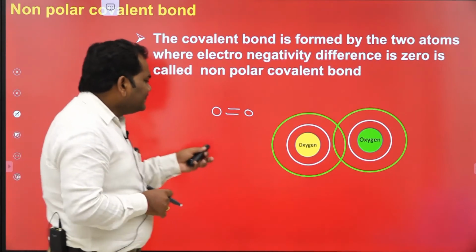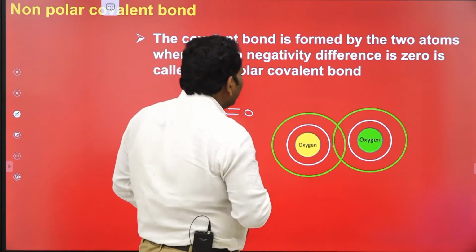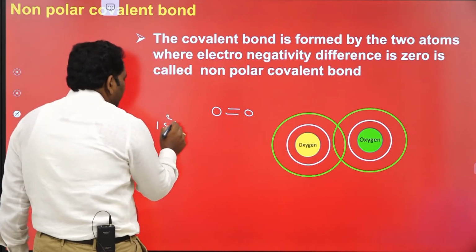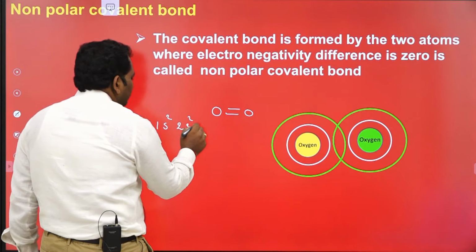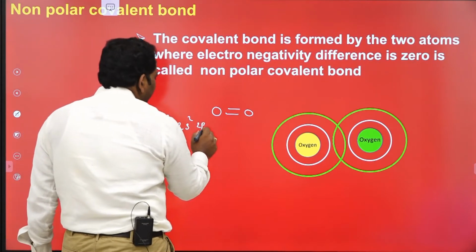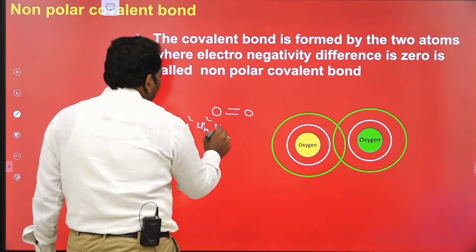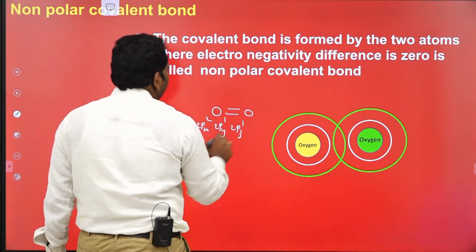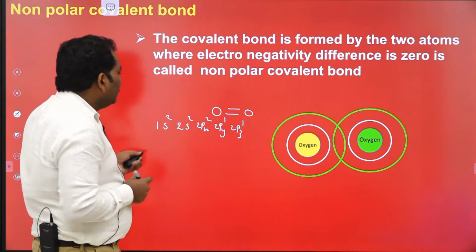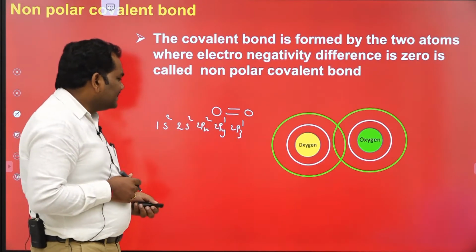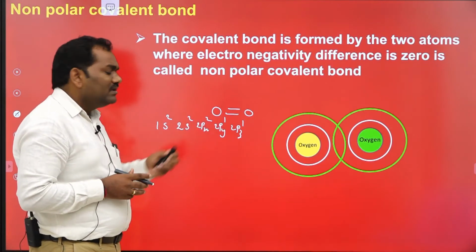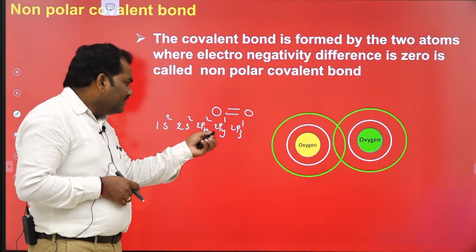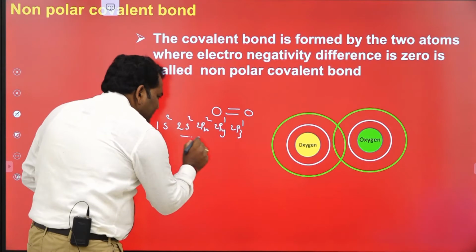Here, the electronic configuration of oxygen is 1s2, 2s2, 2px2, 2py1, 2pz1. The atomic number of oxygen is 8, so 8 electrons are present in this atom.